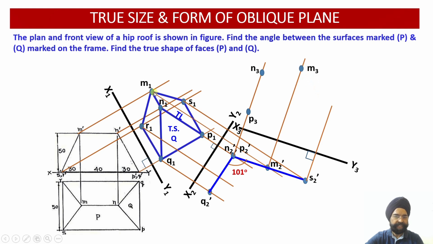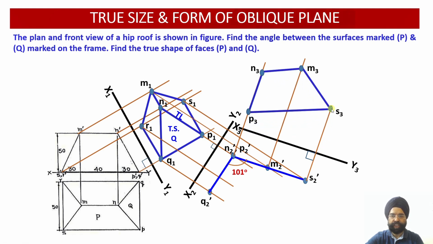Similarly, M1 distance from x2, y2 is measured with the help of the divider, and on the locus line of M2 dash ahead of the plane x3, y3, mark the same distance. Similarly, the distance of S1 from x2, y2 is this much. So measure this distance and mark it onto the locus line of S2 dash ahead of the third auxiliary plane.